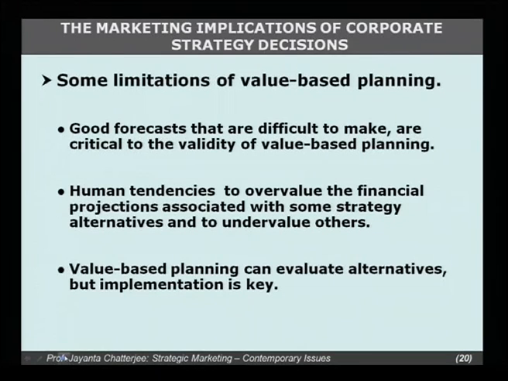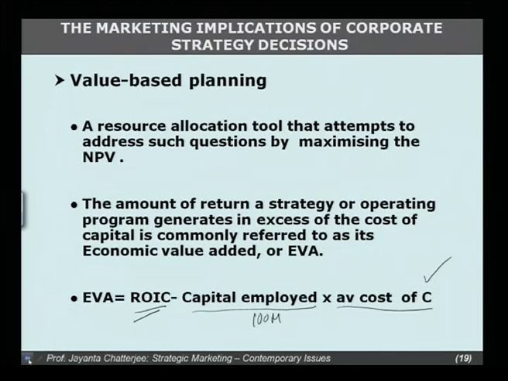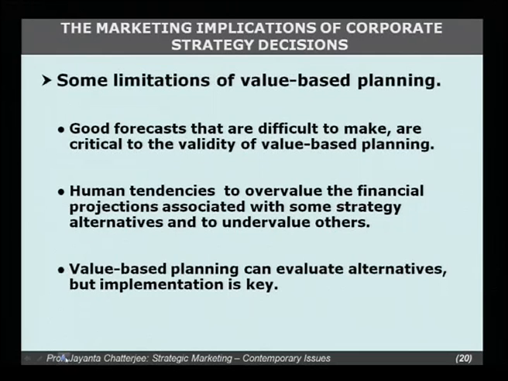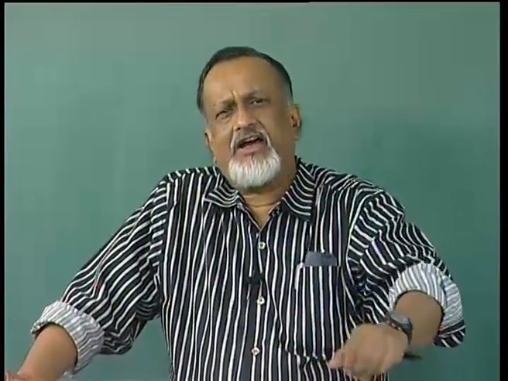Of course, these value based measures, NPV or EVA, are rather simple, but as you see in all of these cases, particularly for NPV, you are looking at a forecast, because you are looking at a 5-year projection, and then using the discounting rate you are reflecting it to the net present value.